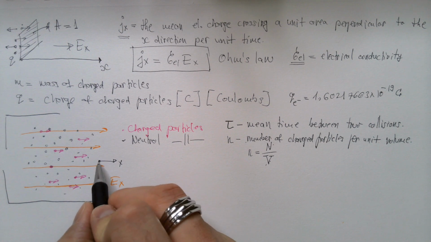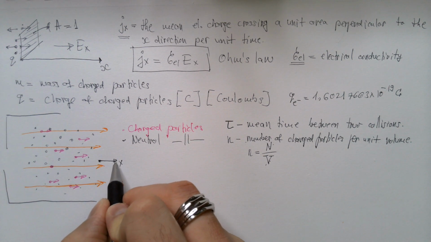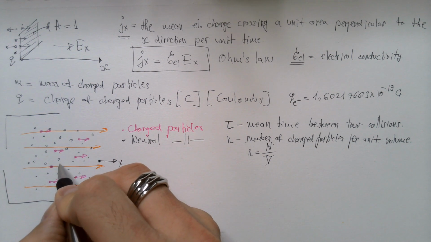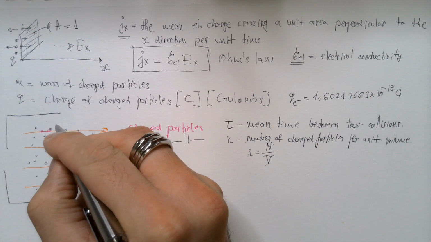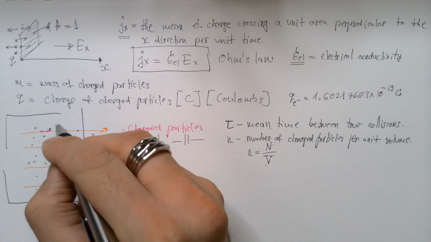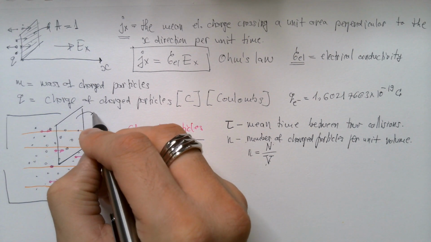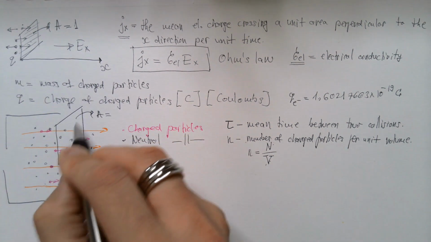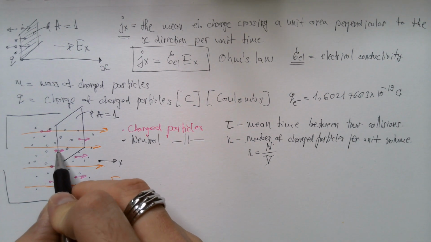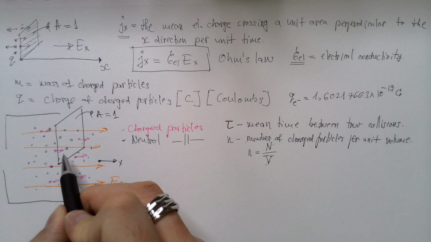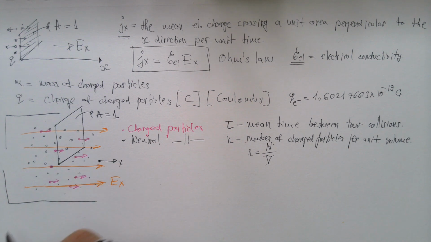Now, if we go back to this figure, this is my x-axis, and let's say here I put this unit area A. So the area of this surface is 1. The question is, how many charged particles will cross this unit area in unit time?